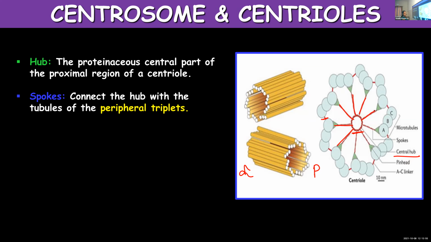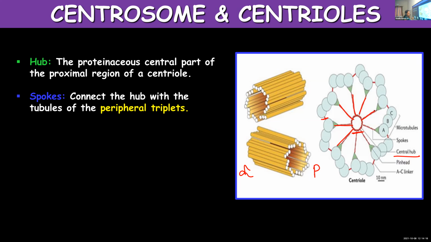So hub and spokes. What is hub? The proteinaceous central region found in the proximal region of the centriole. What is the proximal region? One end is known as proximal, and distal is the one lying away.